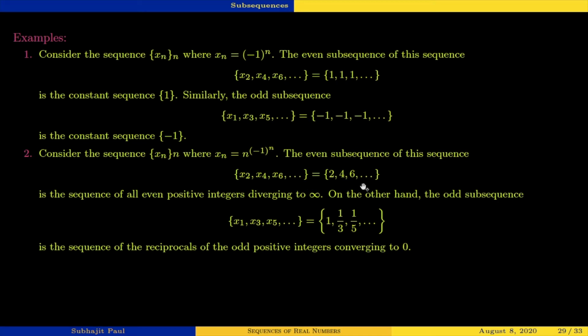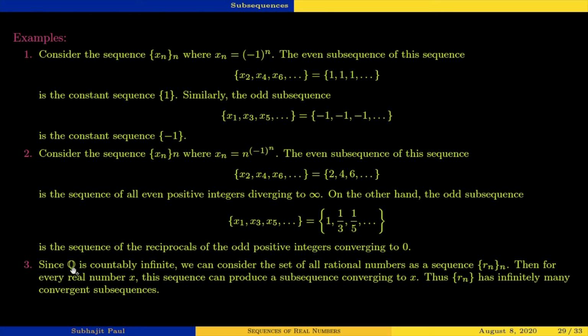So this is the sequence of all even positive integers diverging to plus infinity. This we know. On the other hand, the odd subsequence x1, x3, x5 is simply 1, 1/3, 1/5, and goes on. This is the sequence of the reciprocals of the odd positive integers converging to 0. These are examples.